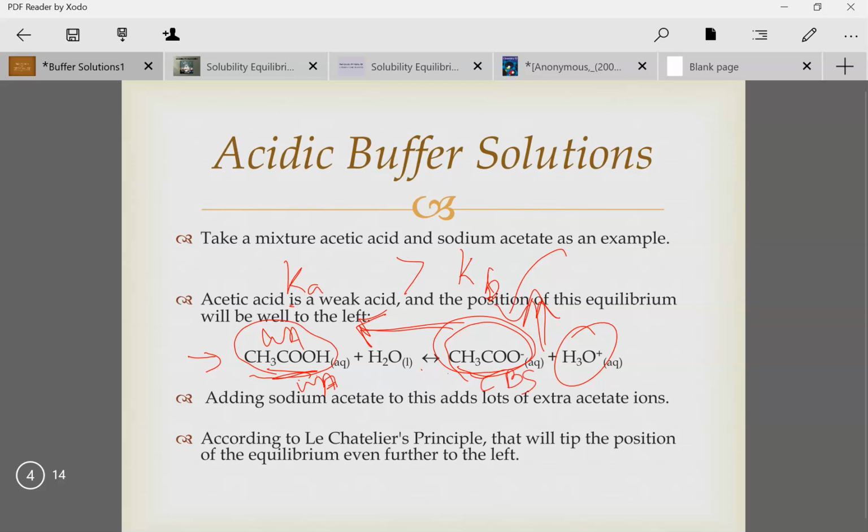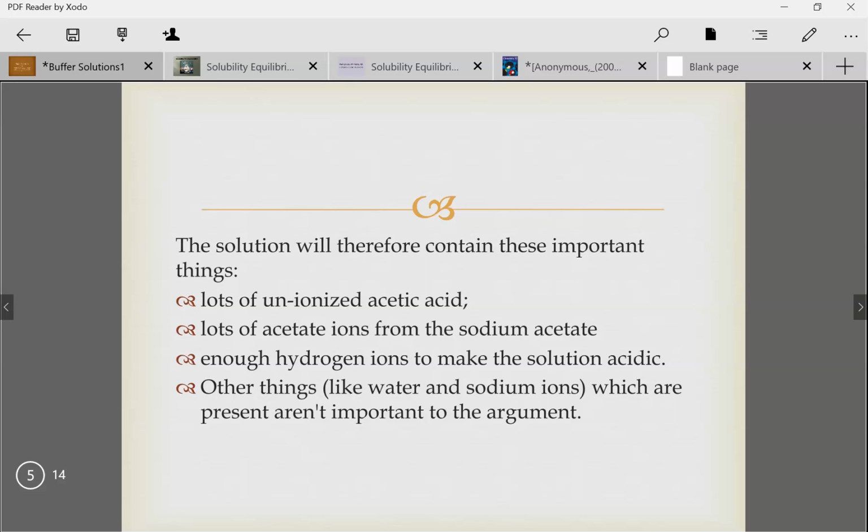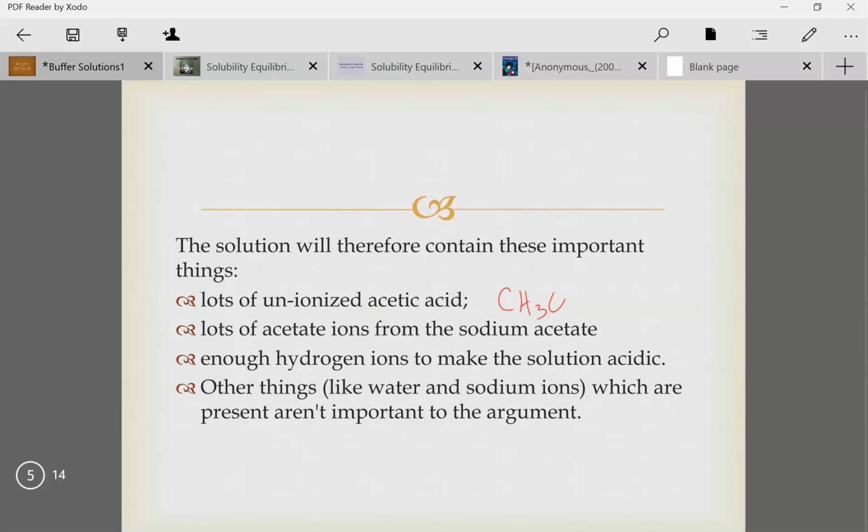So you'll have a lot of acetic acid, a lot of acetate ions from the sodium acetate, just enough hydrogen ions to make the solution acidic, or below 7, and then water and sodium, which we don't care about.